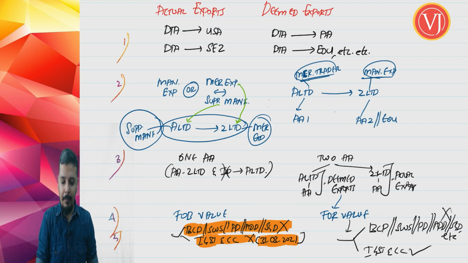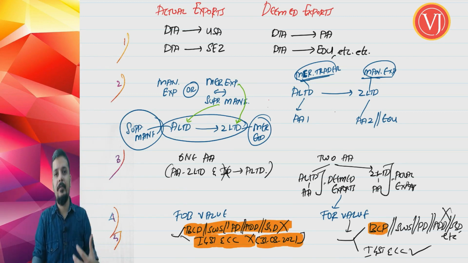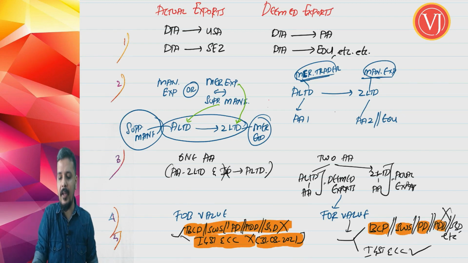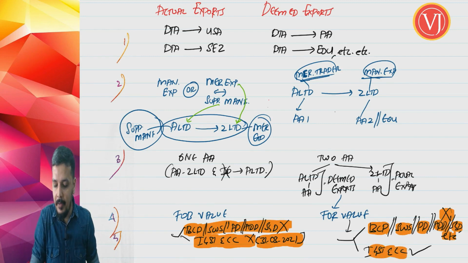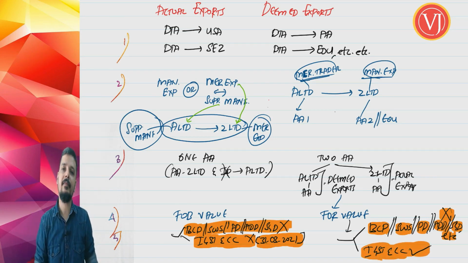But the benefit of not paying IGST and compensation cess is only for actual exports, and that too only up to 31st of March 2021. And when you talk about deemed exports, the deemed exporter is not required to pay import duty of BCD, social welfare surcharge, protective duty, anti-dumping duty, safeguard duty, anti-subsidizing duty, permanently. And he is not getting the benefit of not paying IGST and compensation cess. He has to pay IGST and compensation cess.